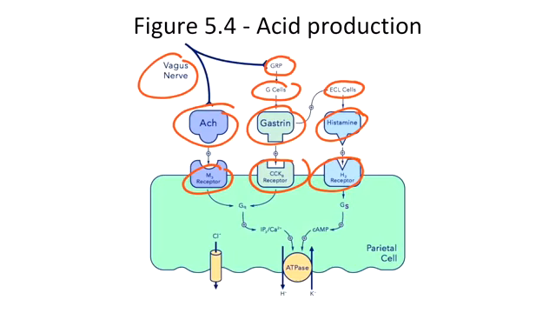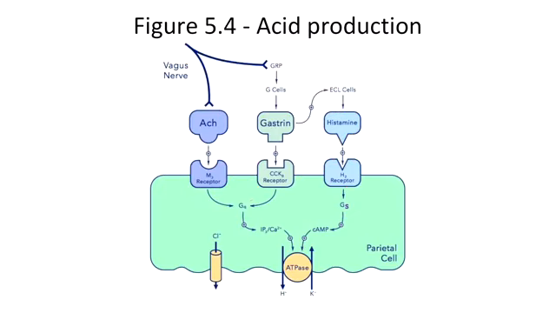All of these transmitters cause stimulation of the Gq and Gs secondary messenger pathways, which ultimately causes activation of the hydrogen-potassium pump, resulting in the secretion of acid. For step 1, you need to know that cutting the vagus nerve fiber endings near the stomach can reduce acid secretion, which should be clear now after going through the normal physiology.